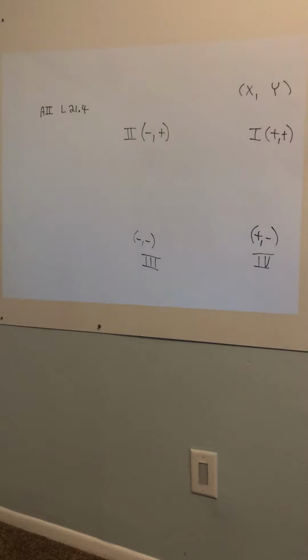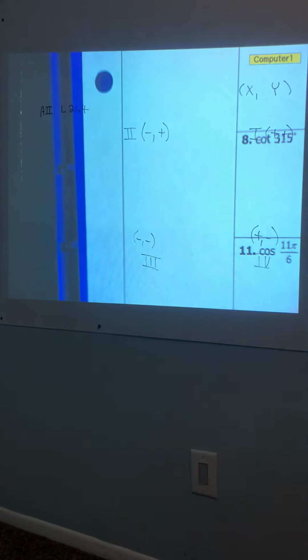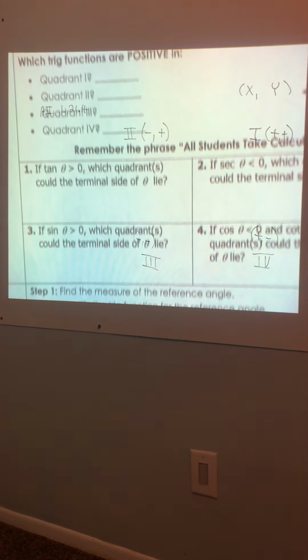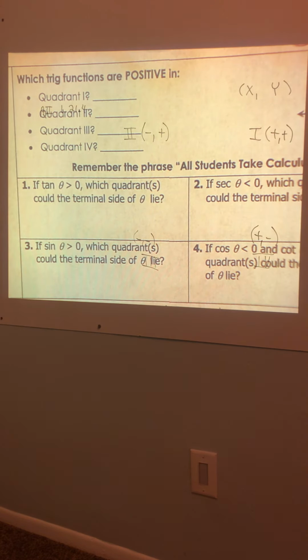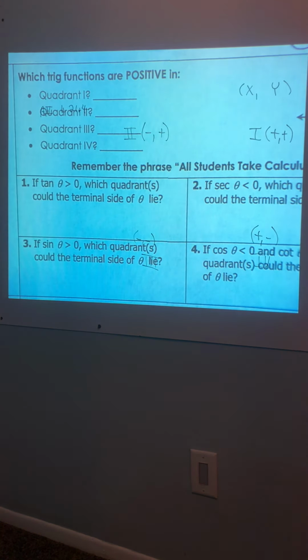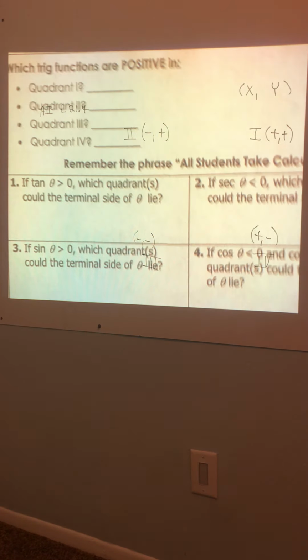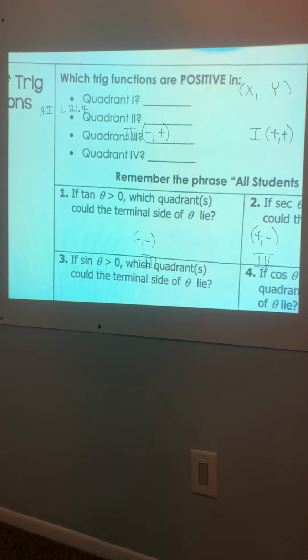Hopefully not. Okay, so for our work, we're on page 10. I will definitely zoom in where you can see this. Don't worry. Okay, so here we go. We're going to focus on this question right here. Which trig functions are positive?